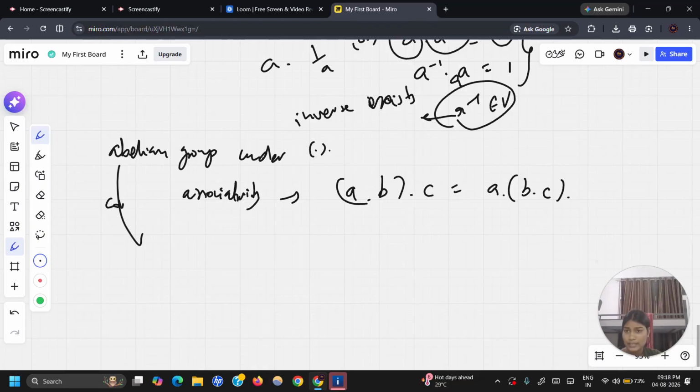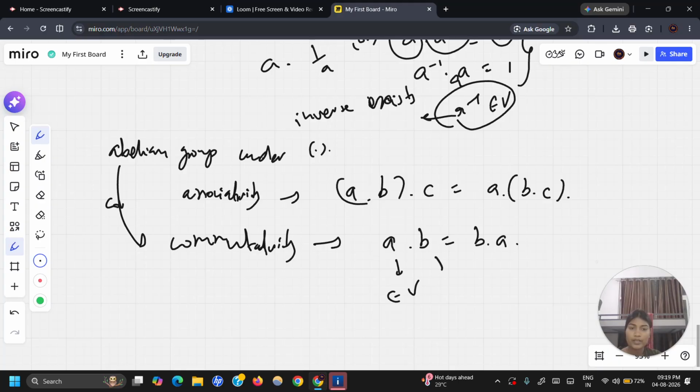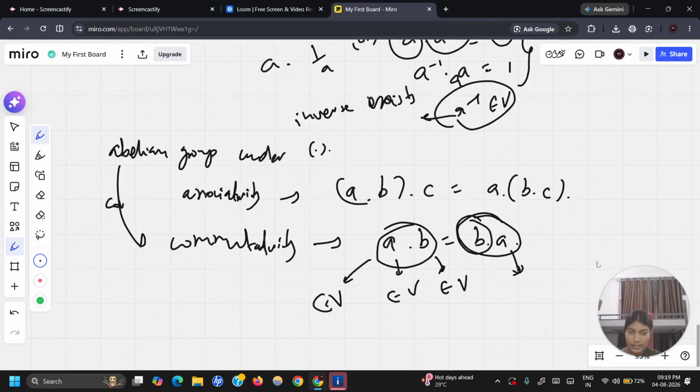And since this is abelian group, commutativity: A into B equals B into A. Since A belongs to V and B belongs to V, this resultant belongs to V. If this whole product has the same resultant, and it belongs to V, then we say commutativity holds under multiplication.